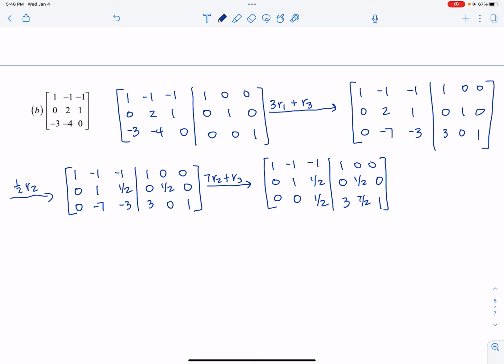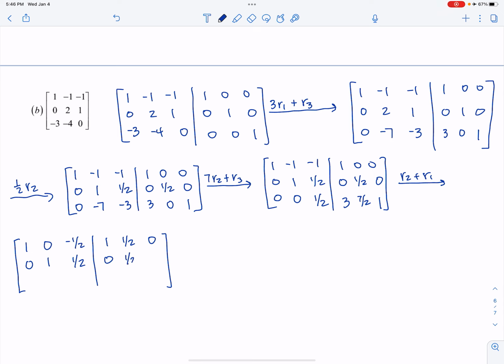And now I'm going to add row 2 to row 1. 1, 0, negative 1 half, 1, 1 half, 0, 0, 1, 1 half, 0, 1 half, 0, 0, 0, 1 half, 3, 7 half, 1.